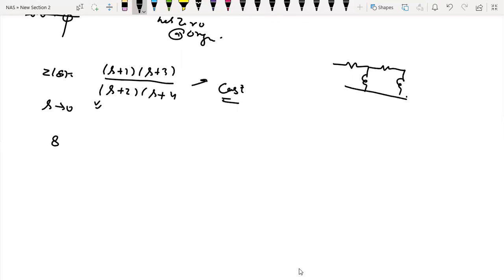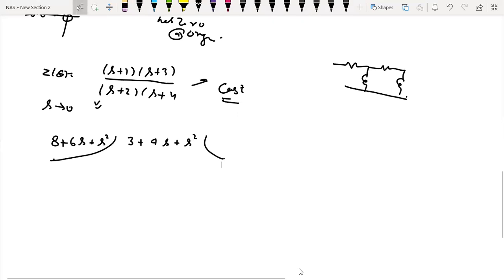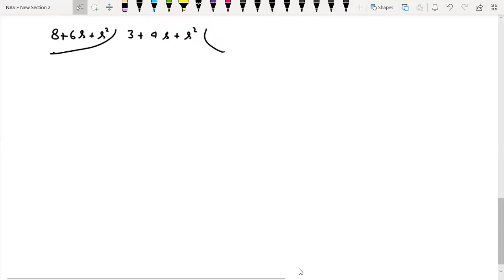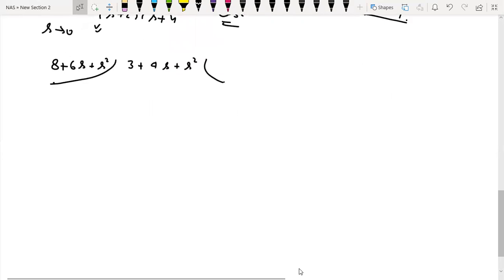So now this function is 3 plus 4s plus s square over 8 plus 6s plus s square. I have to divide 3 plus 4s plus s square by 8 plus 6s plus s square. So see, the first term is 3 by 8.